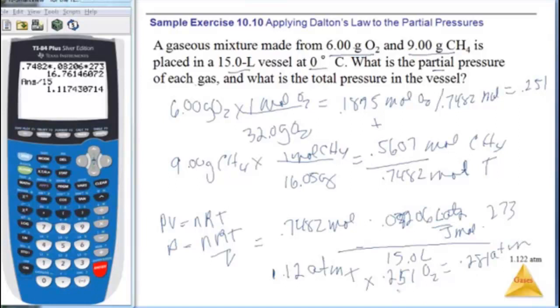And if I want to know the pressure that comes from the methane, either I can multiply the percent times the total pressure, or I can just subtract, right? Because the total pressure has to add up to 1.12, so 1.12 minus 0.281 is going to give me 0.839 atm from methane. This is from oxygen. Okay.